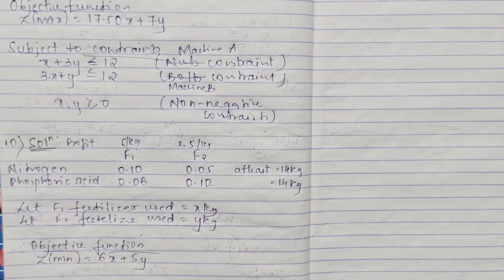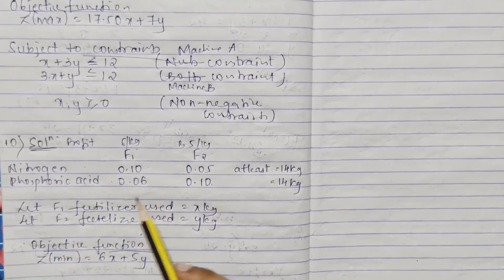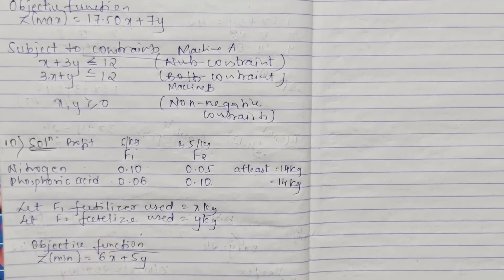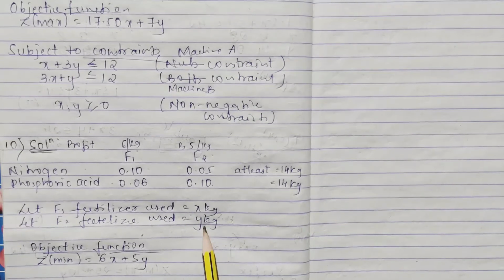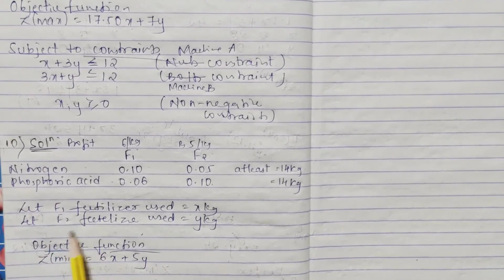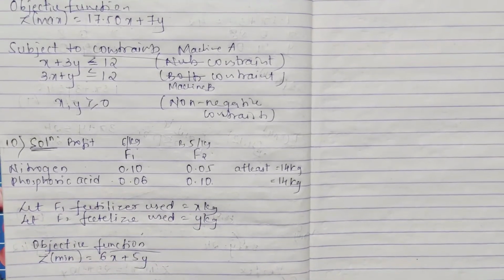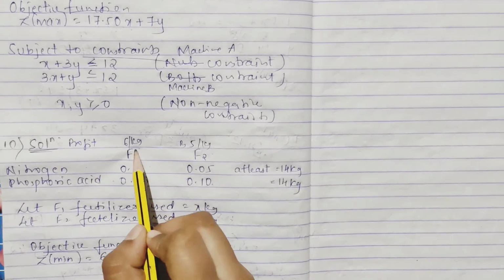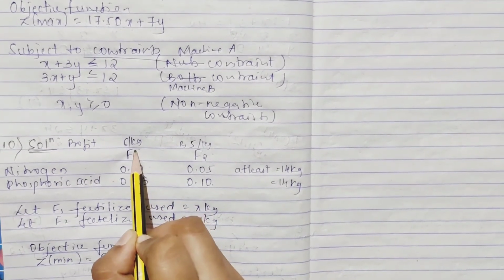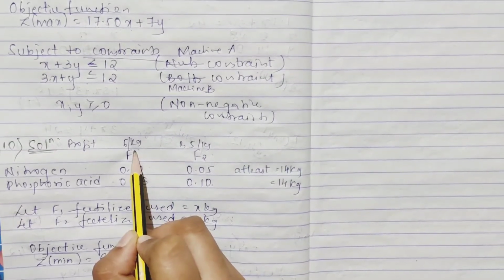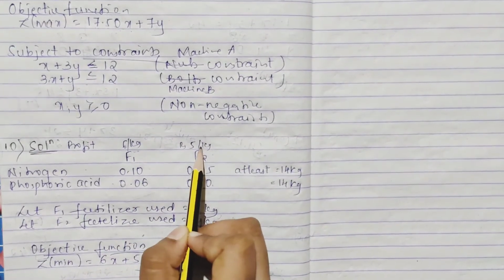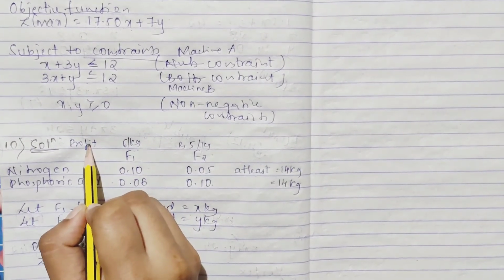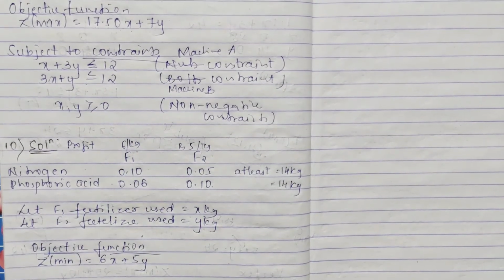Now I will write: let F1 fertilizer used be x kg, and F2 fertilizer used be y kg. Now we have to write the objective function. They are telling us F1 costs rupees 6 per kg and F2 costs rupees 5 per kg. This is not a profit, but you can write whatever.